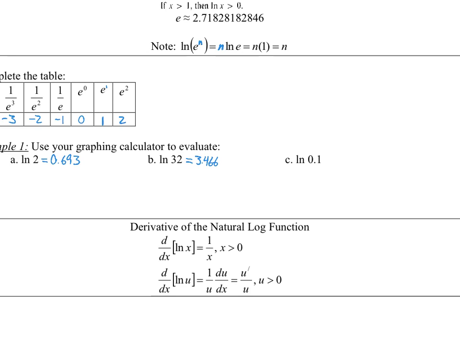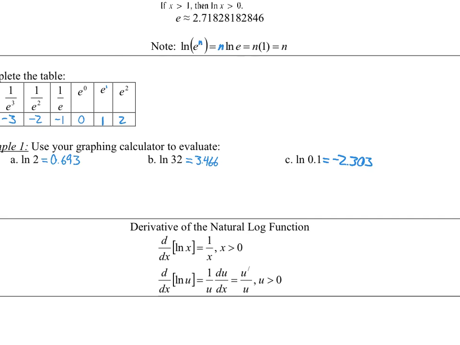I know it should be negative, and it's actually negative 2.303. Okay, so I misspoke. It's not that our natural log equals a fraction, it's that we're taking the natural log of a fraction that's less than 1, so we end up with a negative because you have to raise e to a negative exponent in order to get a fraction.